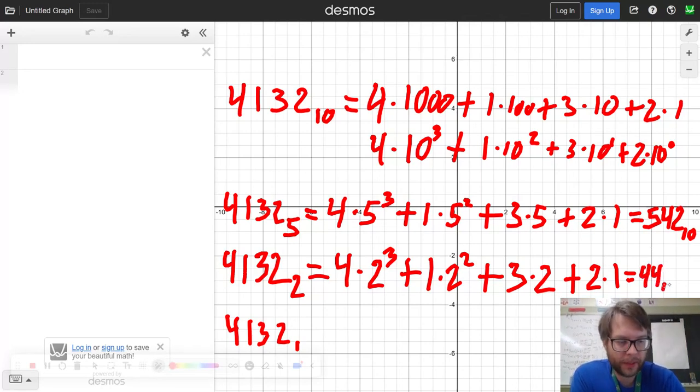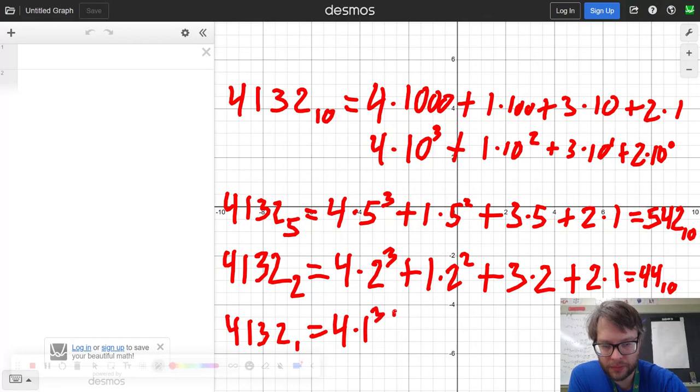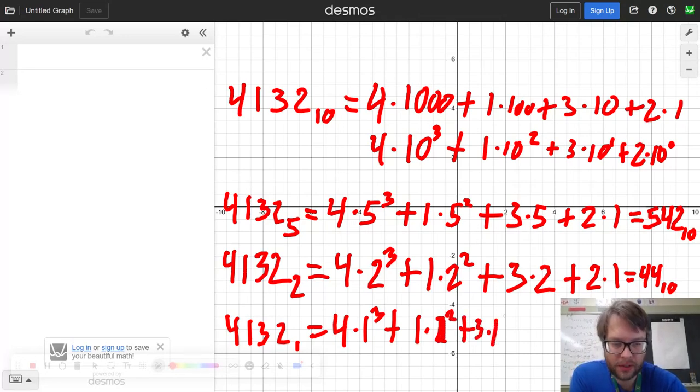I promise there's a point to this. If I write this out in base 1, 4 times 1 to the 3, 1 times 1 to the 2, 3 times 1 to the 1, 2 times 1 to the 0. And that just comes out to be 4 plus 1 plus 3 plus 2. And that ends up being, I guess, 10 in a base of 10.